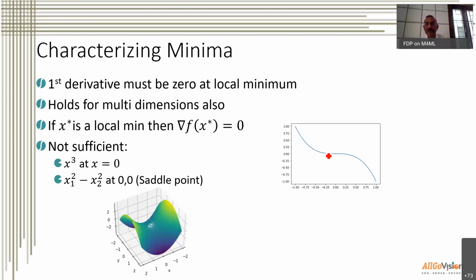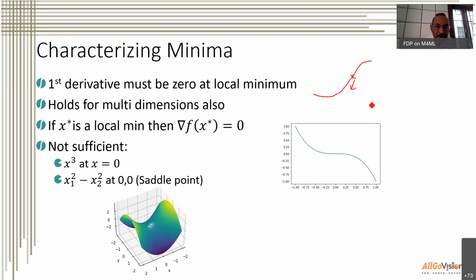What does it mean? If the first derivative is positive, that means the function increases as the value of x increases, right? So the function must be something like this, and this is the place I'm sitting here, and the derivative is positive. If I move in the opposite direction of the derivative, that is the negative direction, I will end up decreasing the function value. So this couldn't have been a local minimum, right?